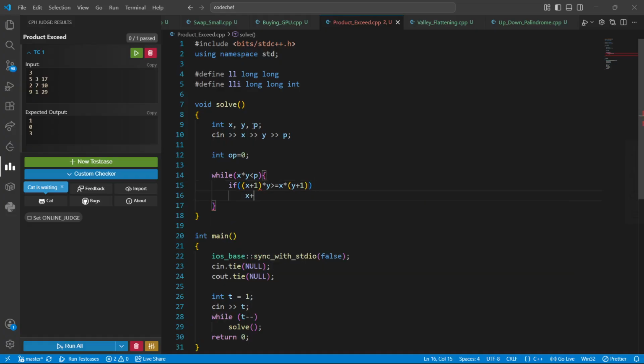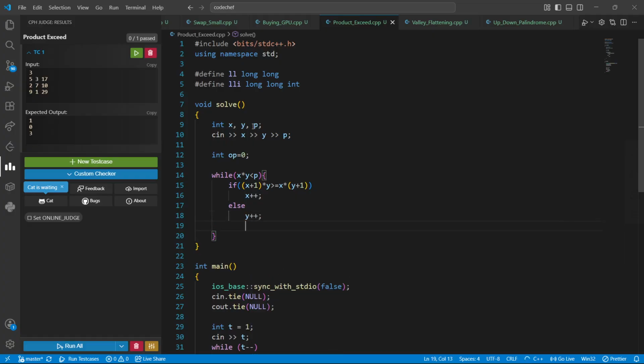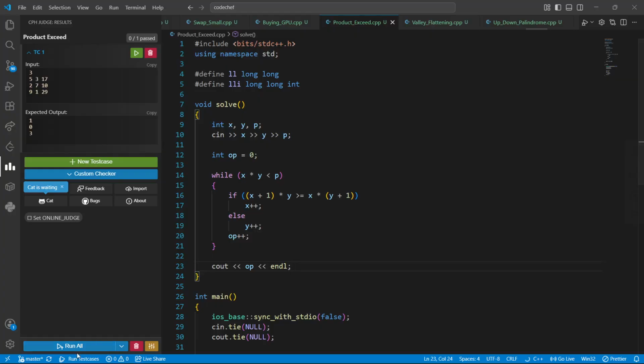If so, we increase x, because increasing x gives the higher product. Else we increase y, and don't forget to increase the number of operations, since either way you have done one operation. At the end we print the number of operations.